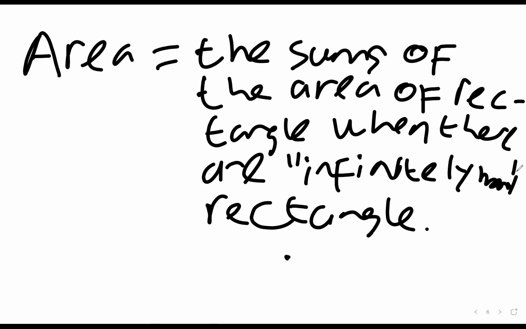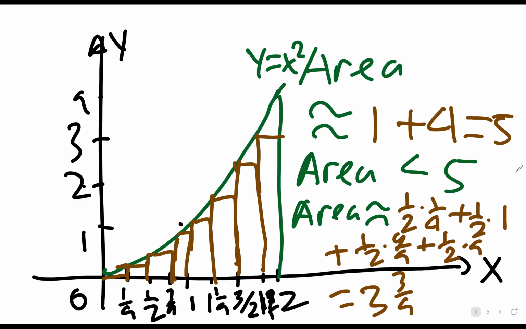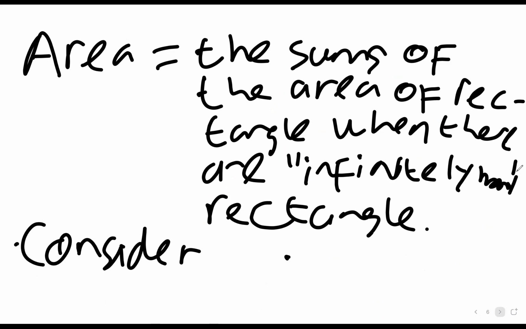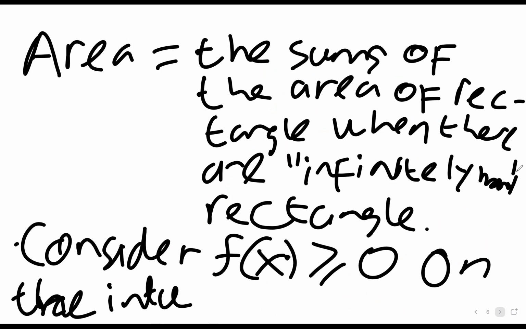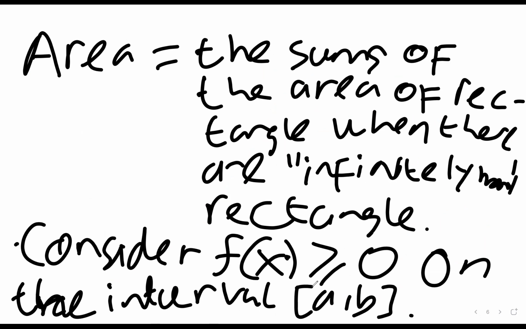Now, let us consider the general situation. Instead of x squared, we will consider a general function, any function, but we will consider a non-negative one. Consider a non-negative function f(x) greater than or equal to 0 on the interval [a, b].